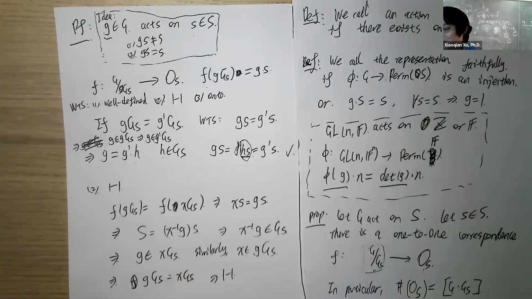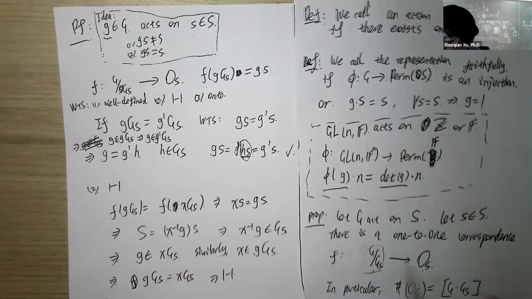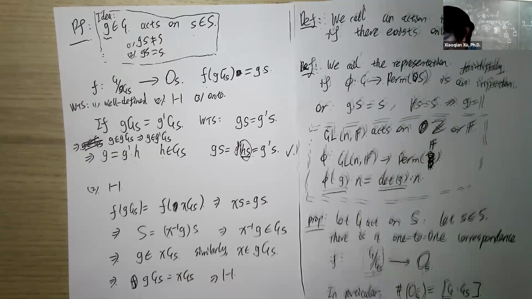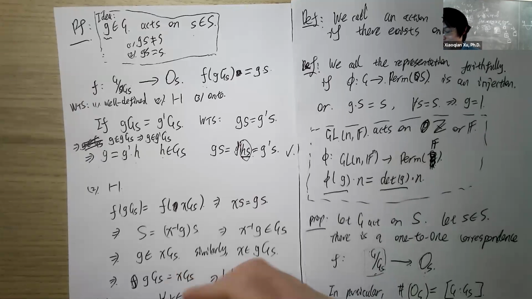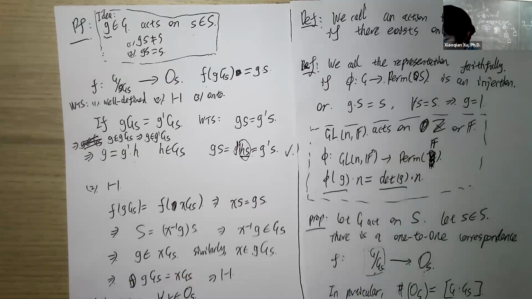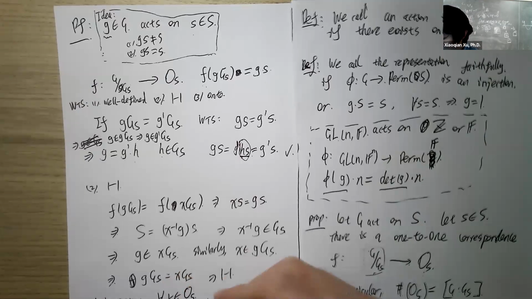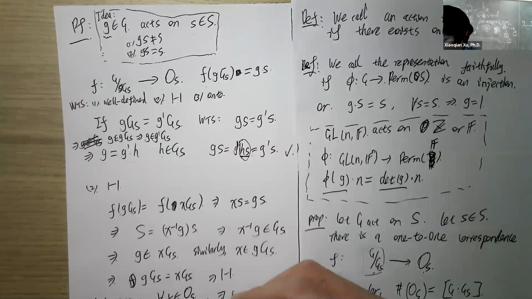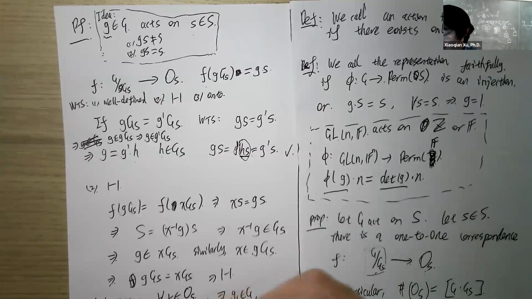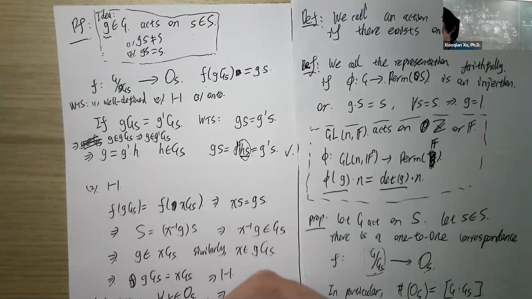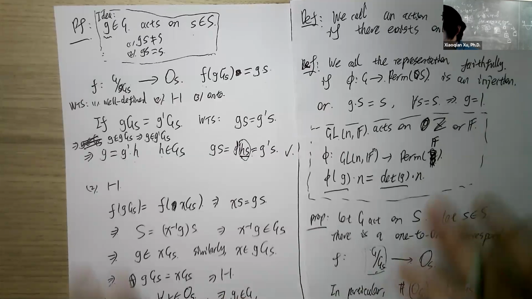For any element, let's say T on the orbit, there exists some element g1 in G such that g1 times S equals T. This is by the definition of the orbit.